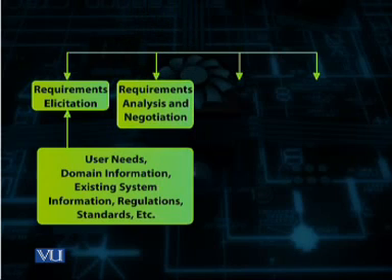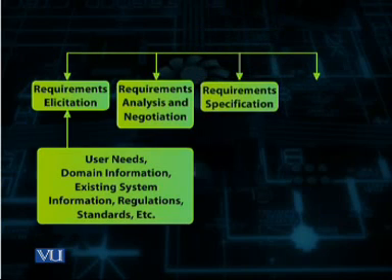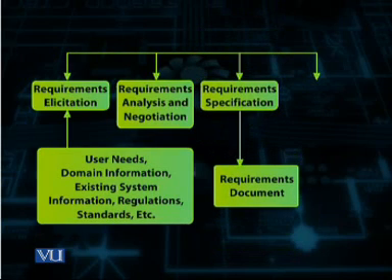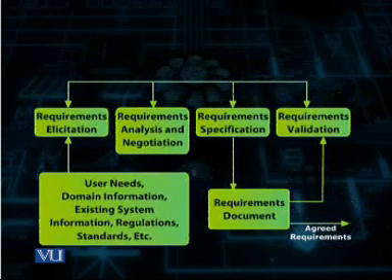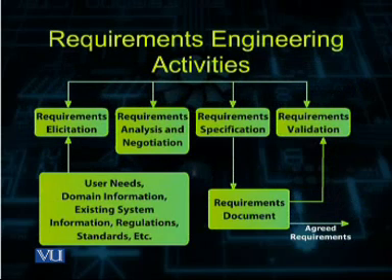Requirements analysis and negotiation means that you have to analyze the gathered requirements and then negotiate them with different stakeholders. Then there's this step of requirements specification and then this step of requirements validation. Let's take each one of them in more detail.